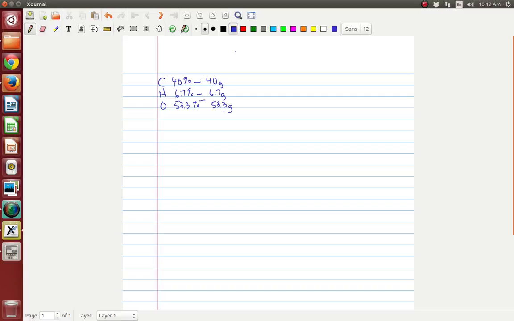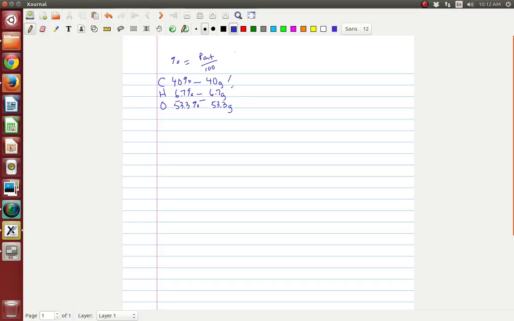That's because I'm assuming that a percent means the part of 100, because per 100. So if I had 100 grams, and it's 40% carbon, 40 grams would be from the carbon. If it's 6.7% hydrogen, 6.7 of the grams would be hydrogen. And if it's 53.3% oxygen, 53.3 of the grams would be oxygen. So that's the first step.